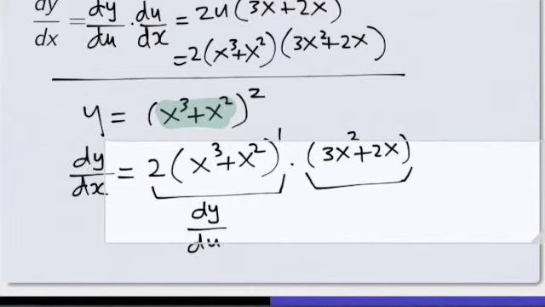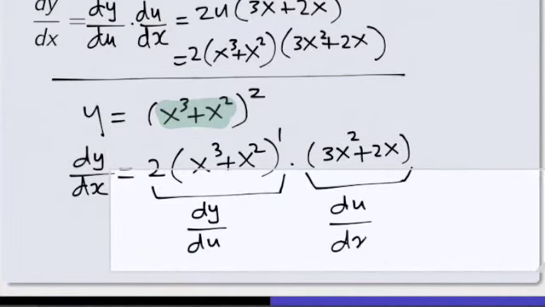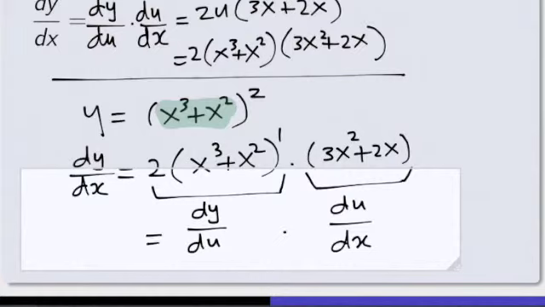So what we got here is du dx. So according to the chain rule, the product of dy du times du dx is in fact dy dx.